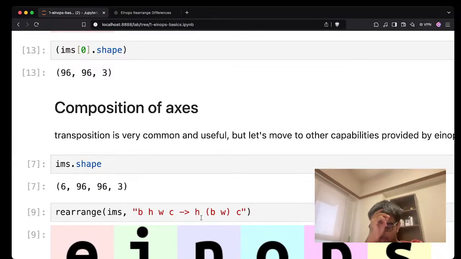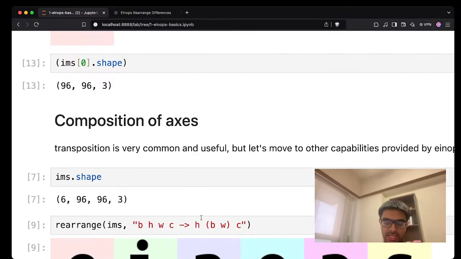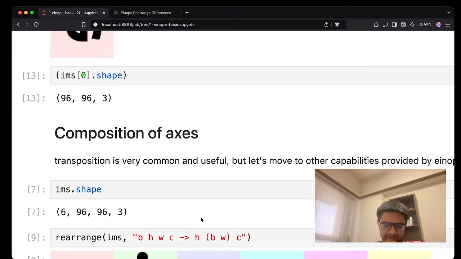And we're saying that the width axis has to be combined with the batch axis. I'm not sure why this works. Wait, let's think through it slowly. BW, okay? So B is batch, so width. And what we're saying is that the width axis has to be combined with the batch axis.